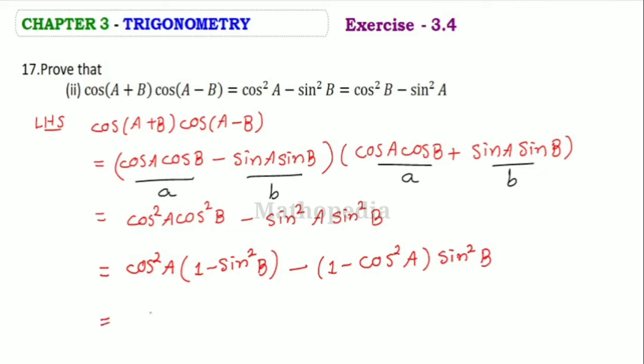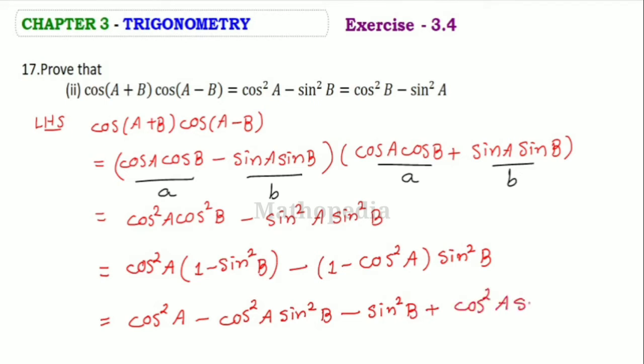This is equal to, now multiplying this cos²A, we get cos²A minus cos²A sin²B, minus, similarly multiplying sin²B, sin²B plus cos²A sin²B. Now cancelling this cos²A sin²B, we get cos²A minus sin²B.